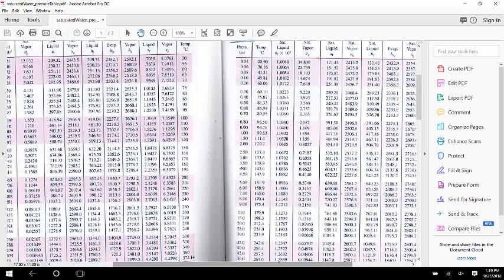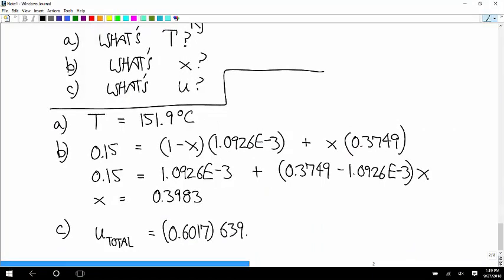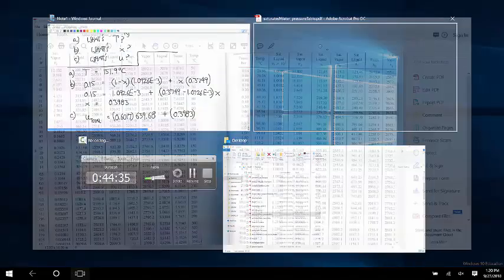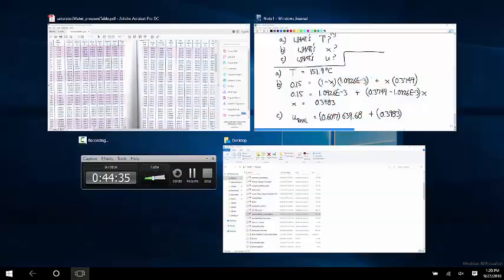You see that? 639.68, and then plus 0.3983 times the specific internal energy for the vapor. So that's in the saturated vapor column for internal energy, 2561.2.